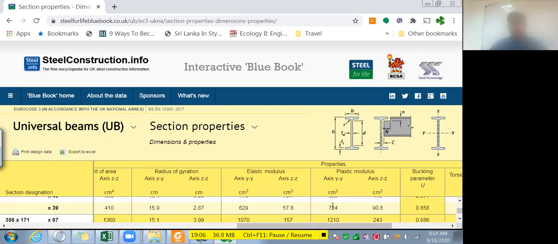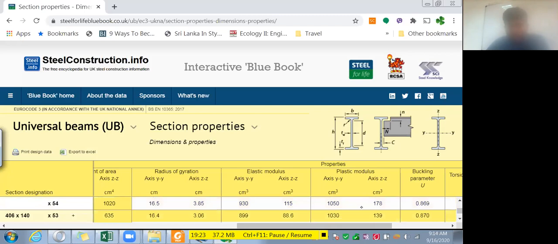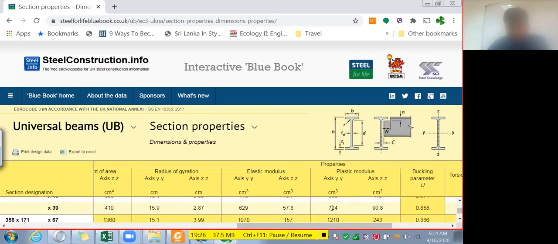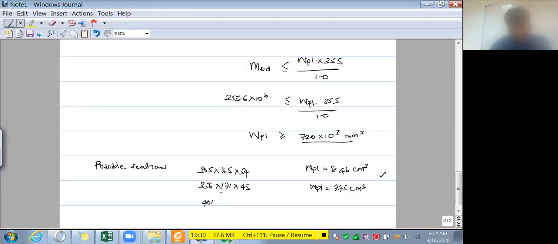Another option is 724 here. That is 406 140 39, WPL 724 centimeter cube.